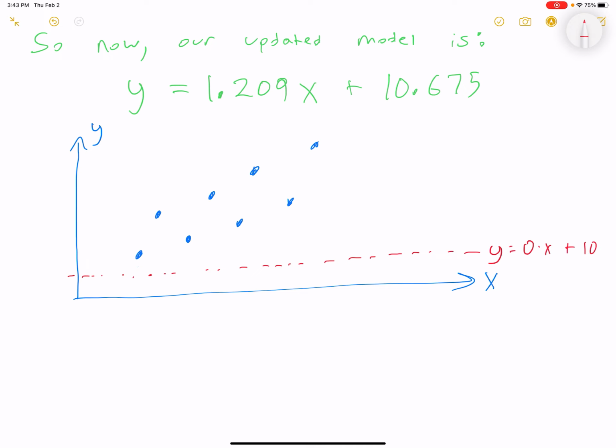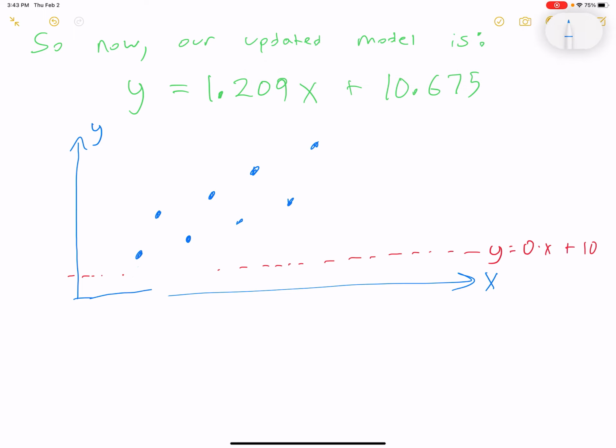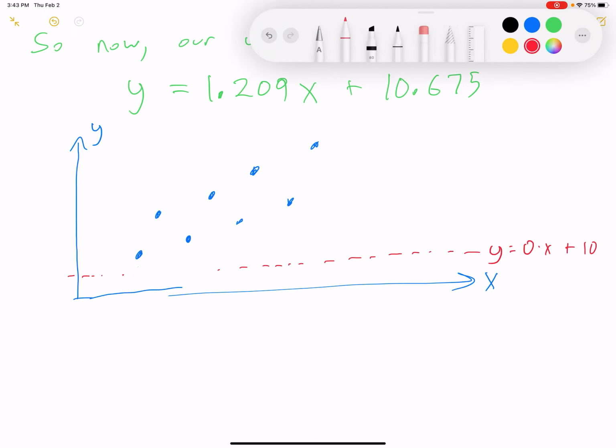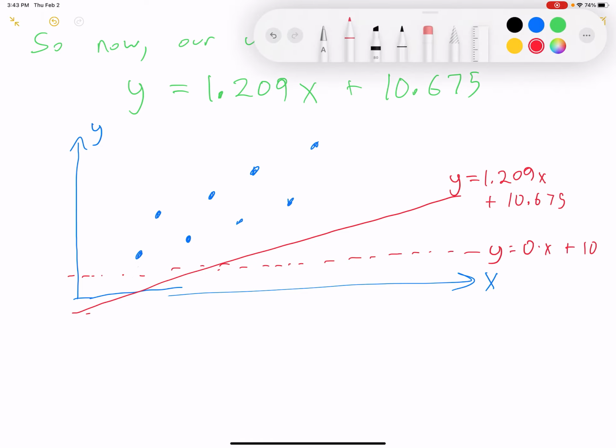And after one iteration of gradient descent, this is making it look like it's parallel. It's technically not parallel at that point yet. But after one iteration of gradient descent, we start getting a little bit closer. So y equals 1.209x plus 10.675.